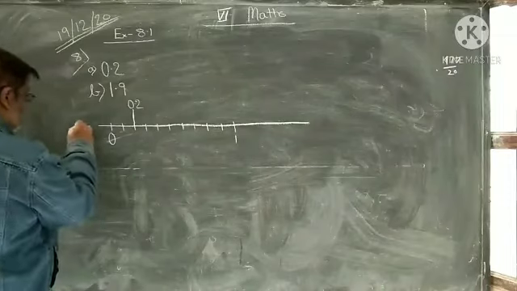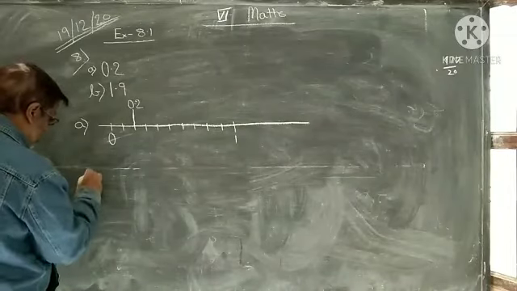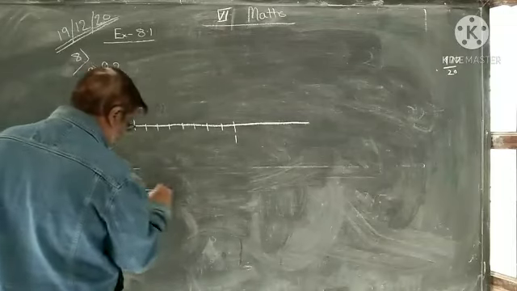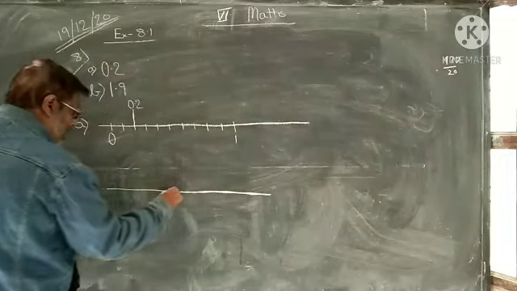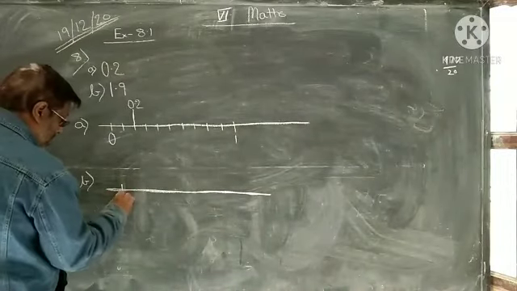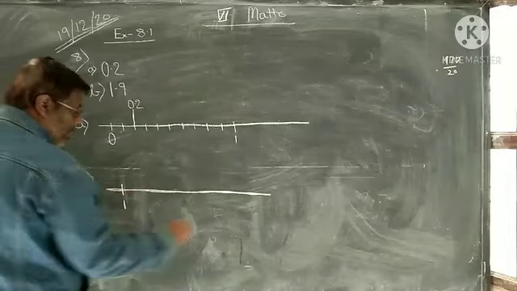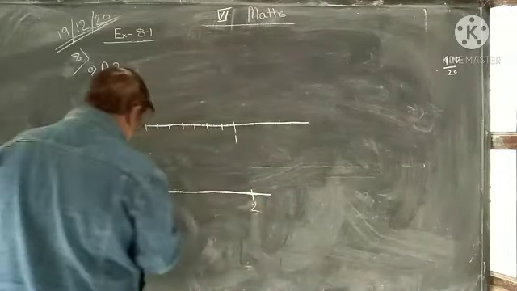Then this is A. Let's come to B. Let this be 1, this be 2.